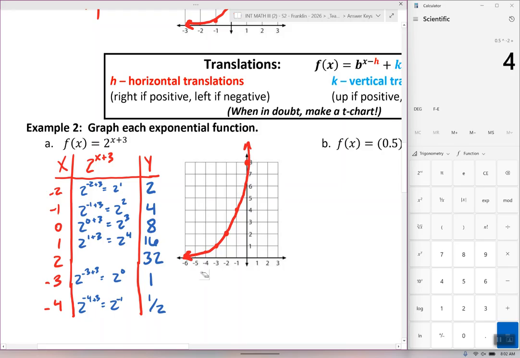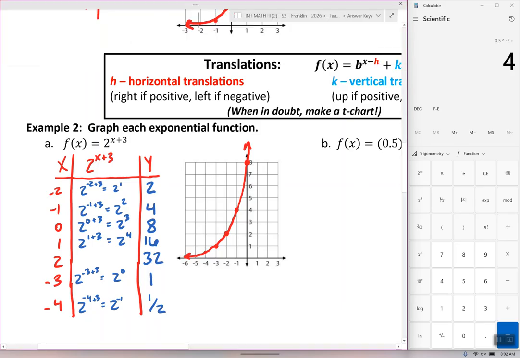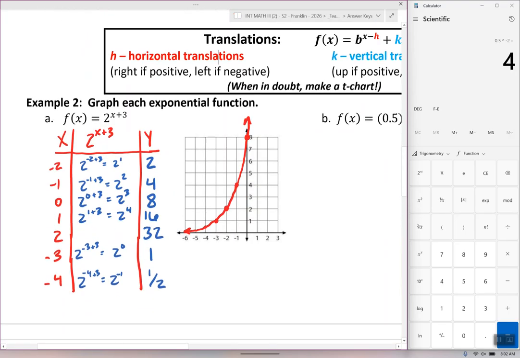Exponential growth. Probably it would go a little faster down, but as long as it's close. Okay, so you can see here, hopefully, that when we didn't have a translation, it kind of was centered on the y-axis. But here's the y-axis on this problem.